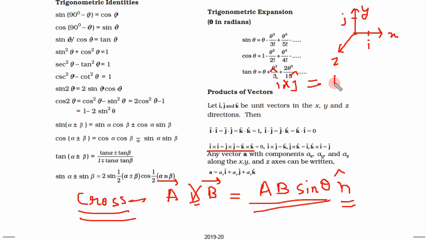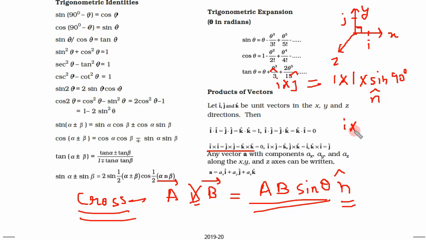The magnitude of i is 1, the magnitude of j is also 1, because these are unit vectors. Only direction is there, but we are looking at the magnitude. Now the angle between them is 90 degrees, and sine 90 is also 1.